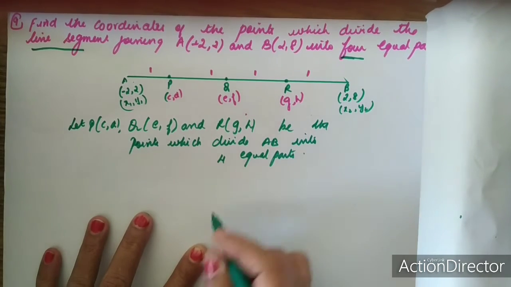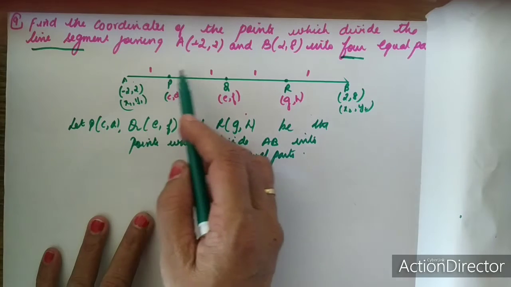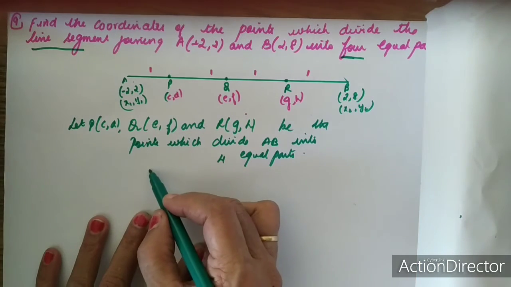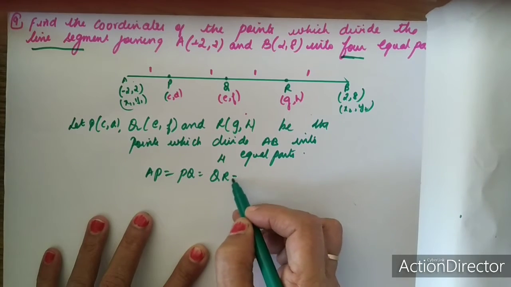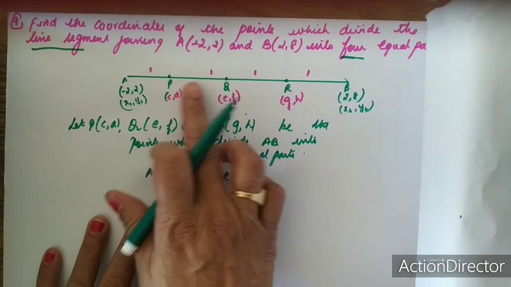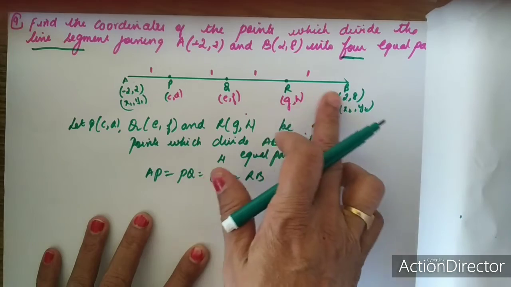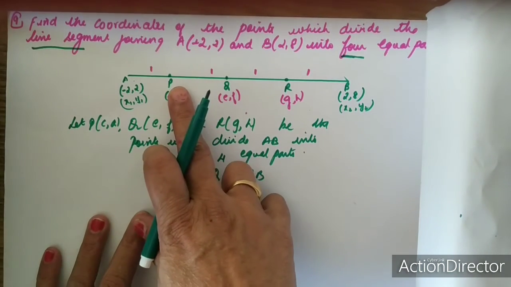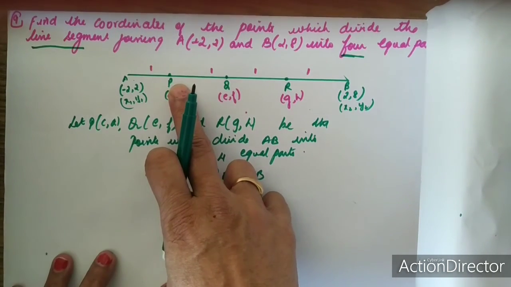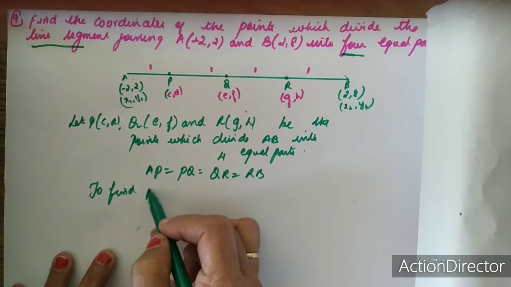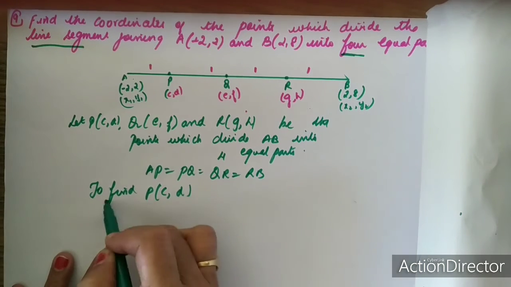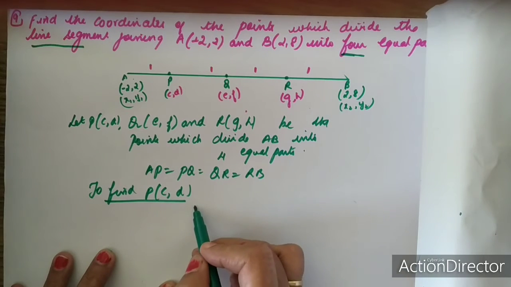Since all are equal parts, we will have AP is equal to PQ is equal to QR is equal to RB. All are in the ratio 1:1:1:1. So first let us find the coordinates of the point P, P of (C, D). For finding this, I am going to draw the figure separately.